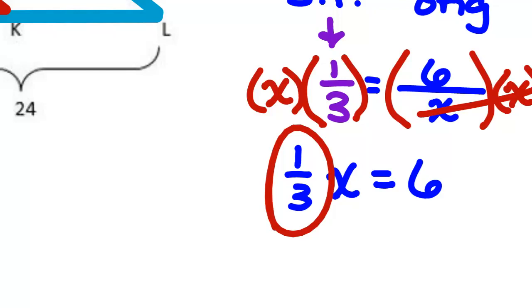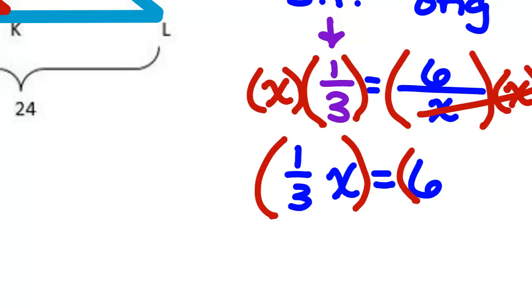I still have a fraction over here with x. I don't want a fraction with x. I want x all by itself. What operation undoes fractions? Multiplication. So we're going to multiply again. If you do it to one side, you got to do it to the other side. This time I'm looking at this fraction. It's the only fraction I have left. What's on the bottom of that fraction? 3. So we're going to multiply both sides by 3.